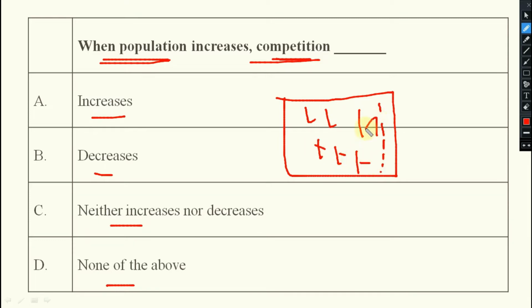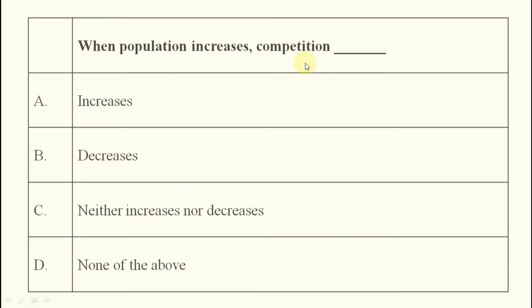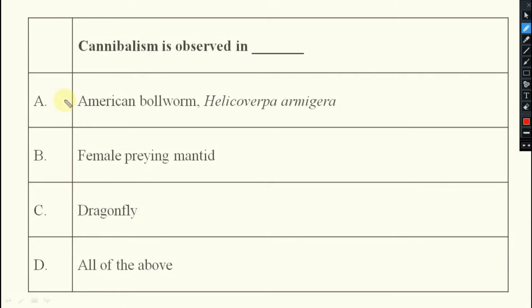But if the population increases, automatically the competition will increase. They will fight with each other, yes or no? So the right answer is increases. When the population increases, competition also increases.